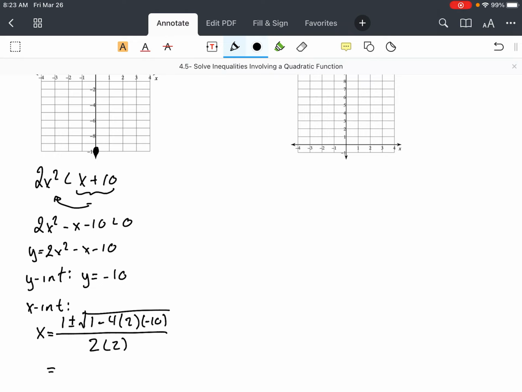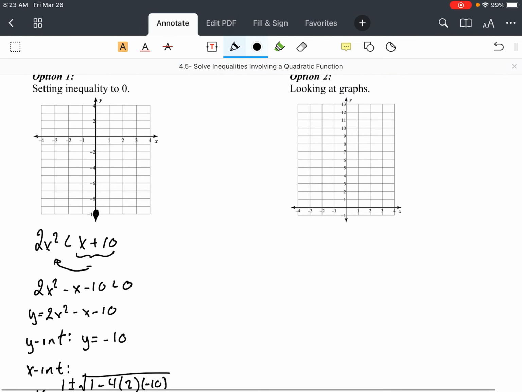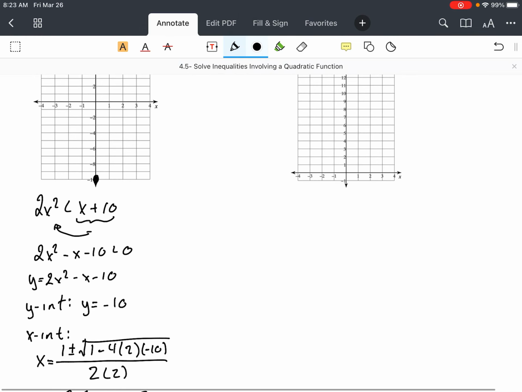I'm going to leave that to you guys in your calculators, but you should get 2.5 or negative 2. Okay, so those are my two x-intercepts. I'm going to plot those two. So negative 2 is over here, and 2.5 is right here.